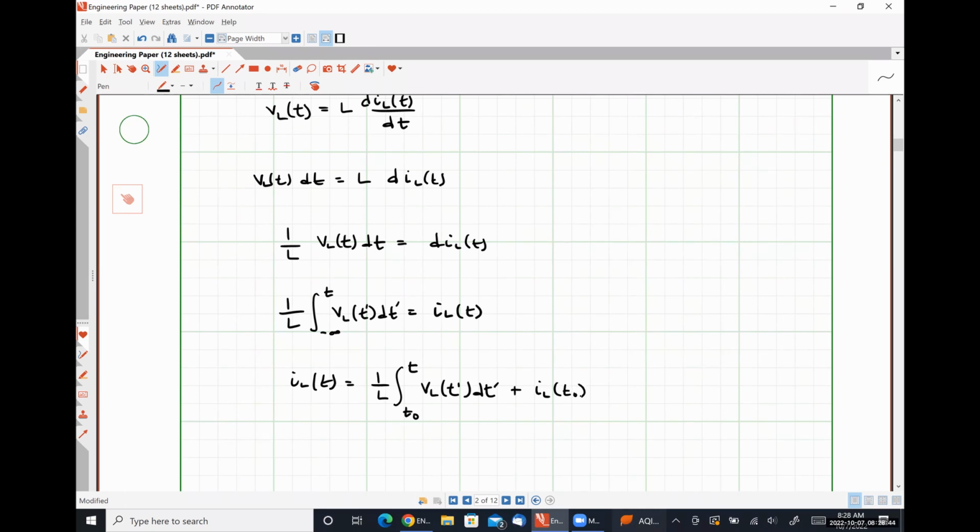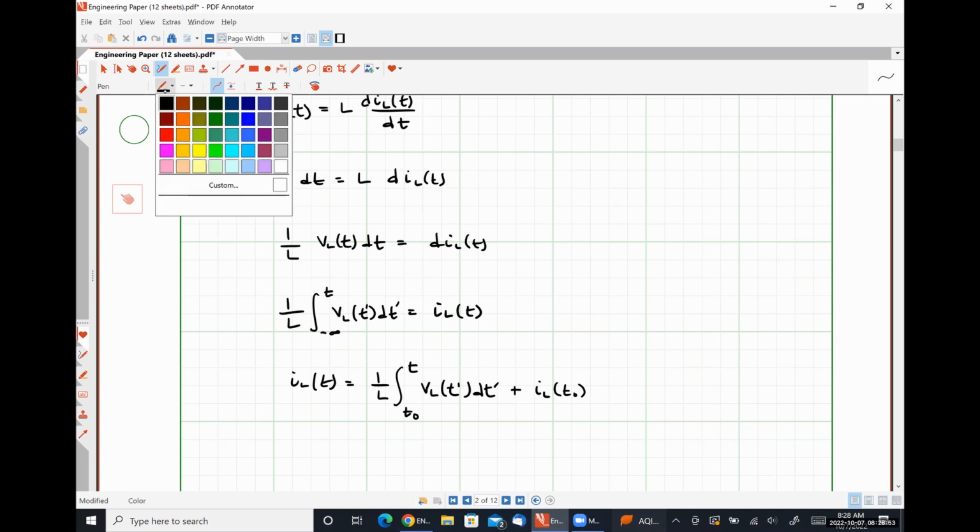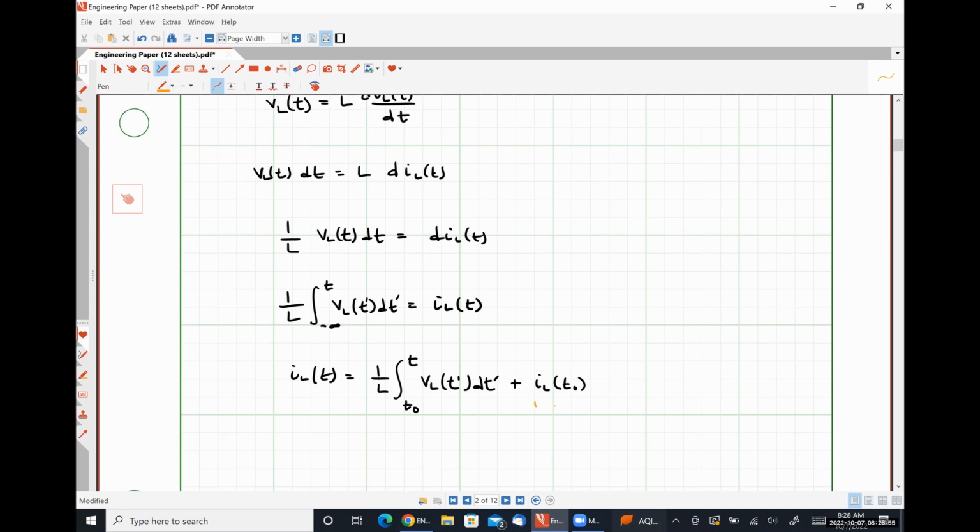The form of this integral is very similar to what we saw for charge way back on the second day of class. This IL of t naught term is the initial condition. So it's a known quantity or a measured quantity at some particular point in time.